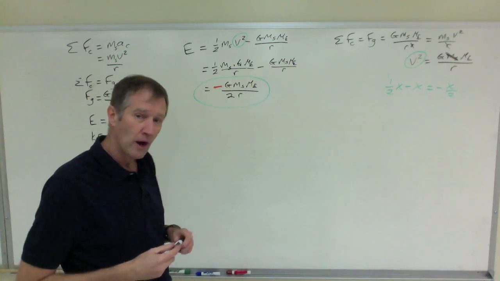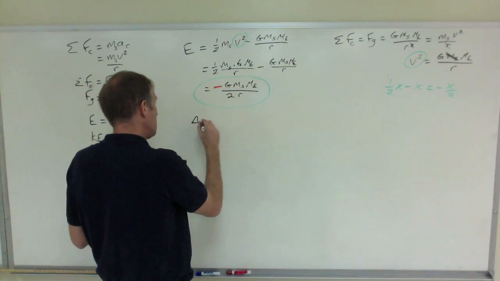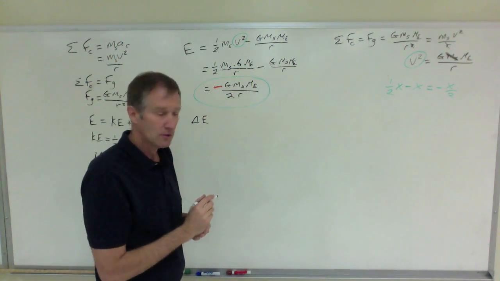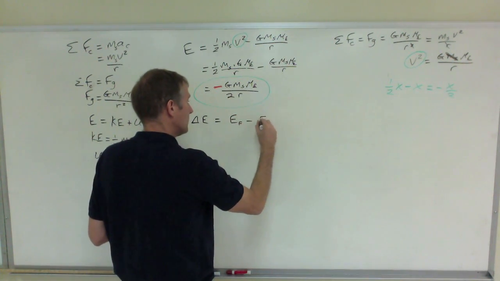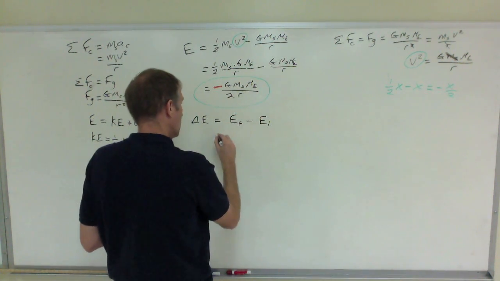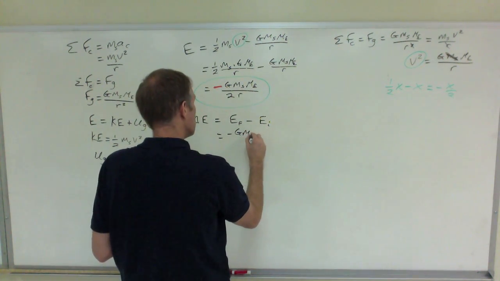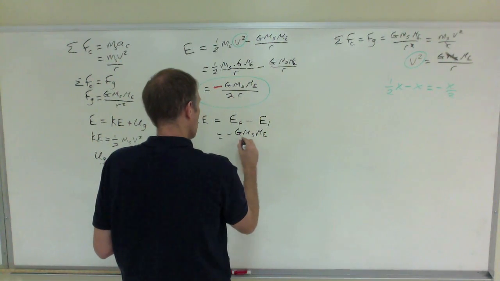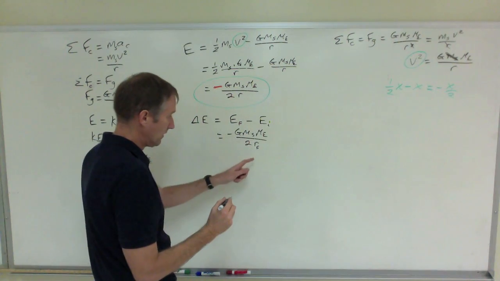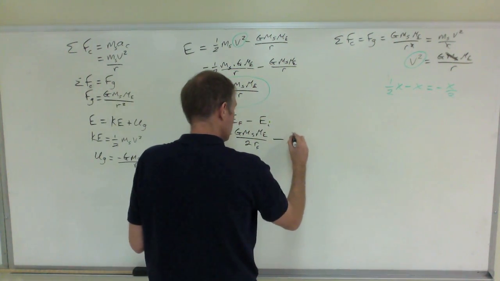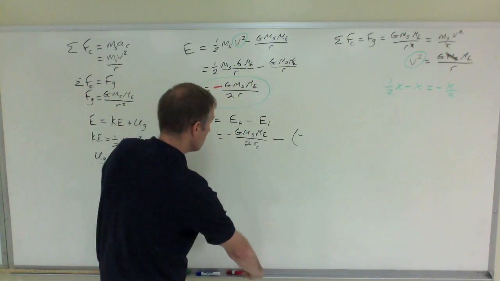Now, you should be able to derive this. You should not memorize it. But that minimum energy would be the change in energy between the two altitudes. So that would be the final altitude minus the initial altitude. So we're going to do this twice. Minus G, mass of the satellite, mass of the Earth, all over 2RF, the final radius, minus a negative, because we've got an awful lot of negative signs here.